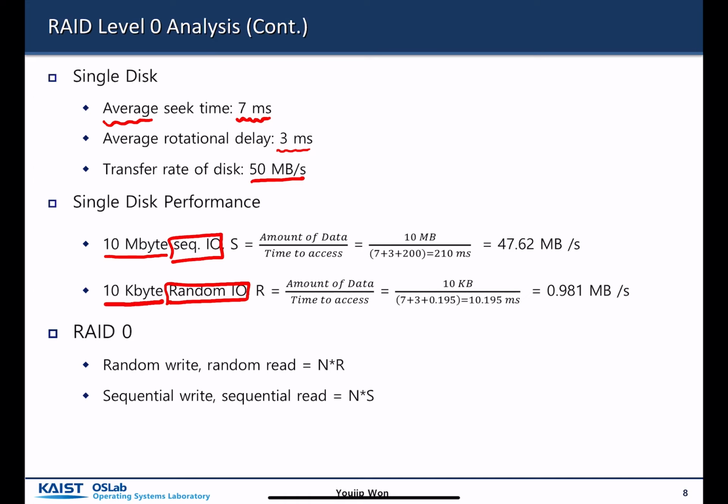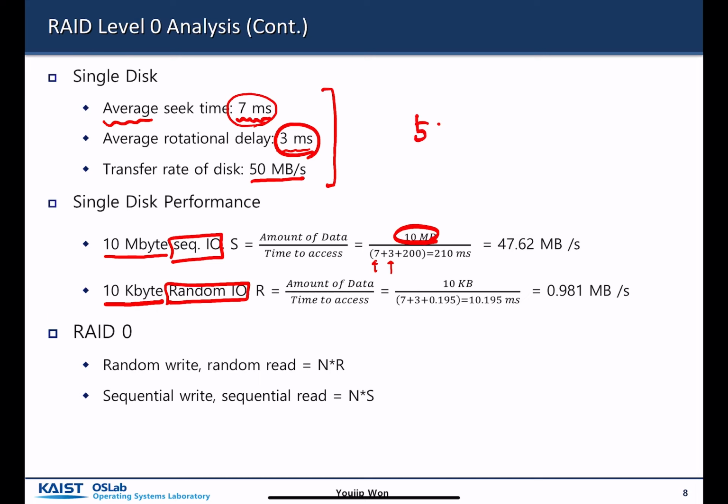The effective bandwidth is the ratio between the amount of data and the time to access that data. The amount of data is 10 megabytes. The time to read 10 megabytes corresponds to moving the head to the desired track, rotating the platter to get the starting sector underneath the disk head, and then just reading it. So this is seek time, this is rotational delay, and then we are reading 10 megabytes.